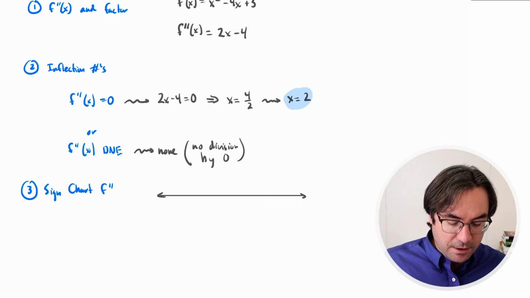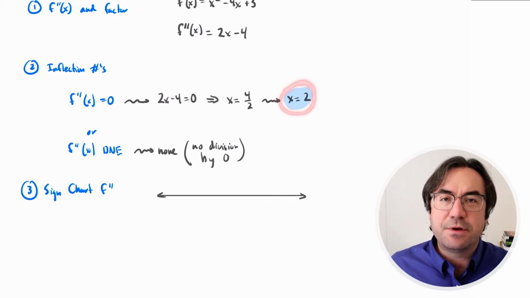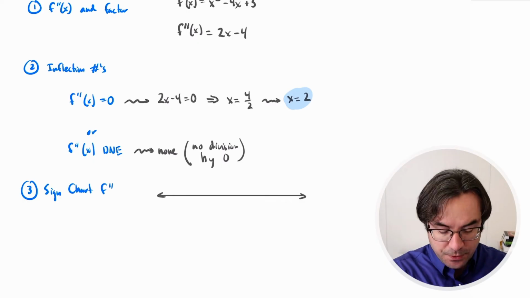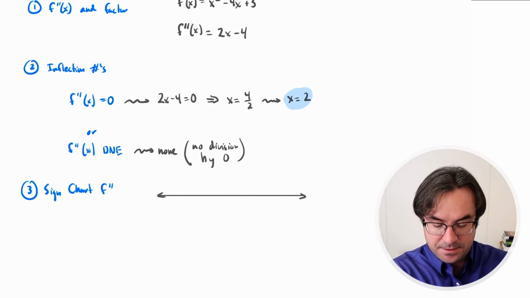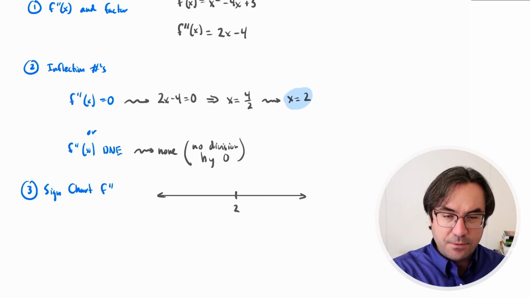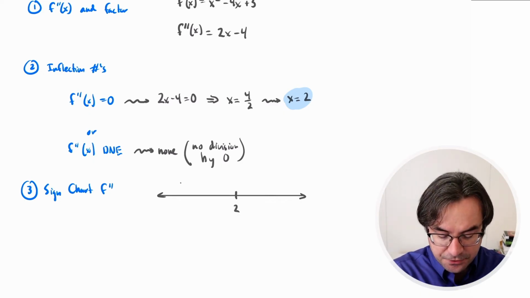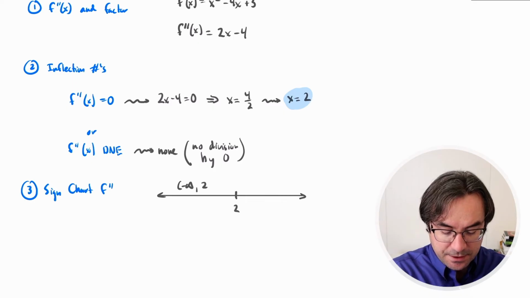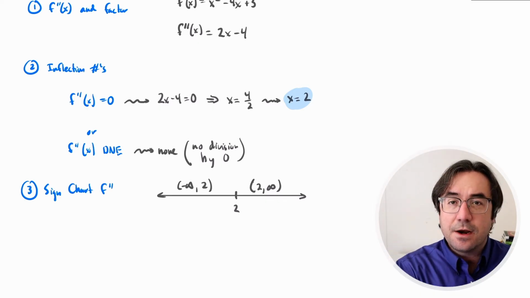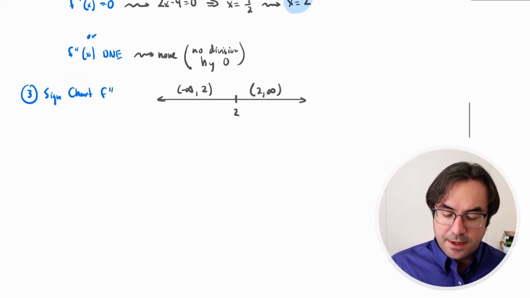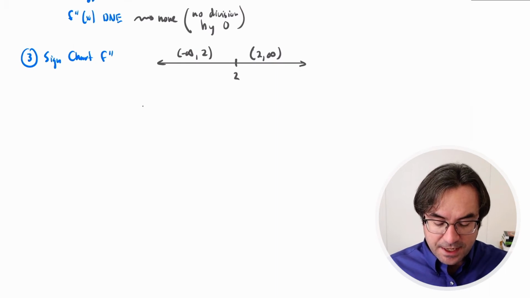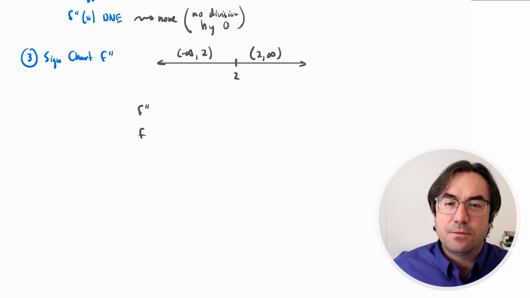And we're going to plot all of our inflection numbers that we found, so x equals 2 in this case. What that x equals 2 does is it slices up our x-axis into, in this case, just two parts: minus infinity to 2, and then 2 to infinity. Our goal here is to figure out the sign of f double prime, and that'll tell us ultimately what f is doing.